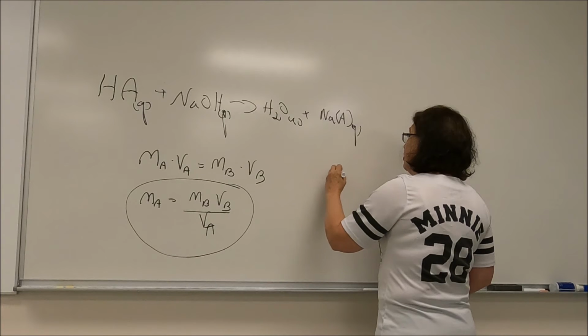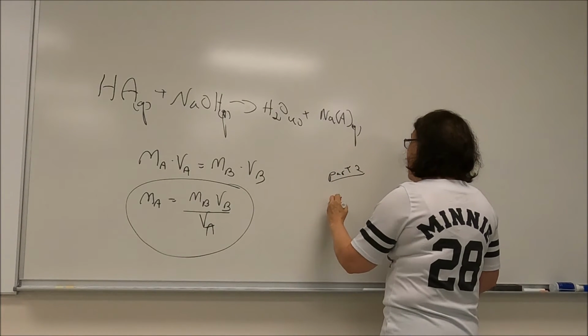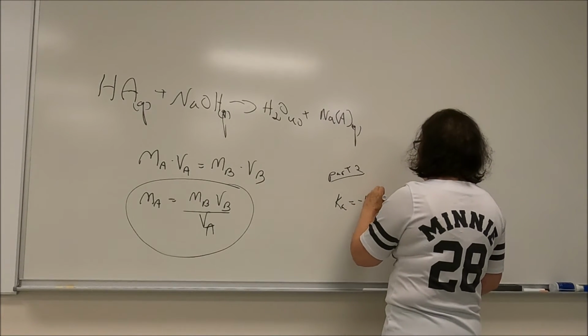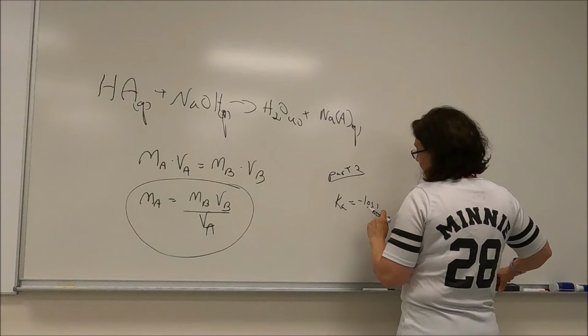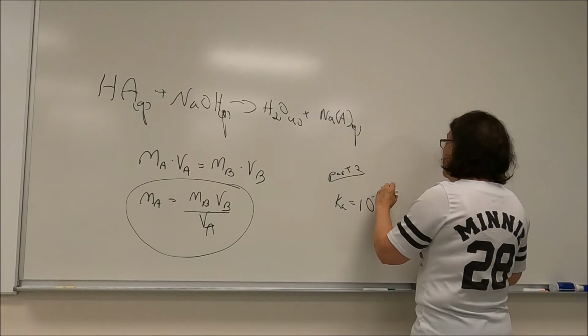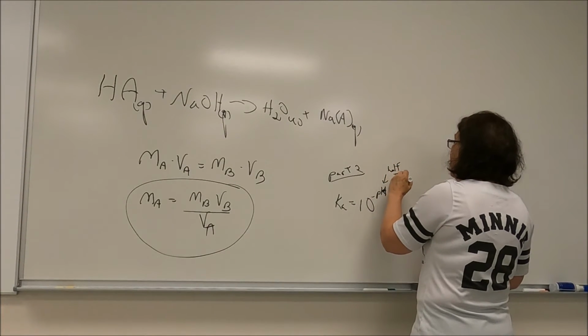And for part 2, your Ka is going to equal 10 to the minus pH here at half titrated.